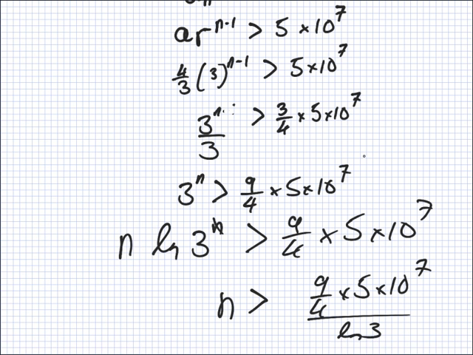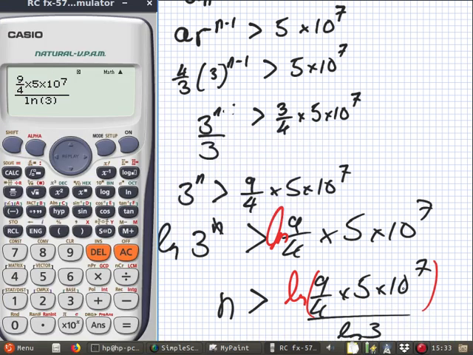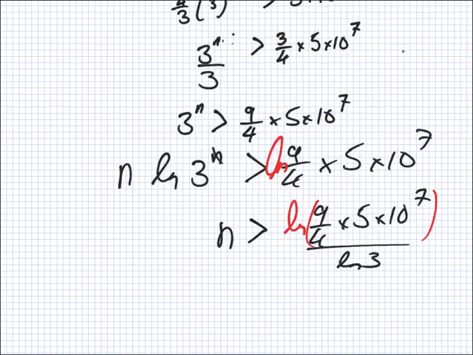What did I forget to put in? Log. I forgot to write log here because I was taking log of both sides. So it's log of that. Can I easily fix that on the calculator? So what's the answer here? n must be bigger than or equal to 17.